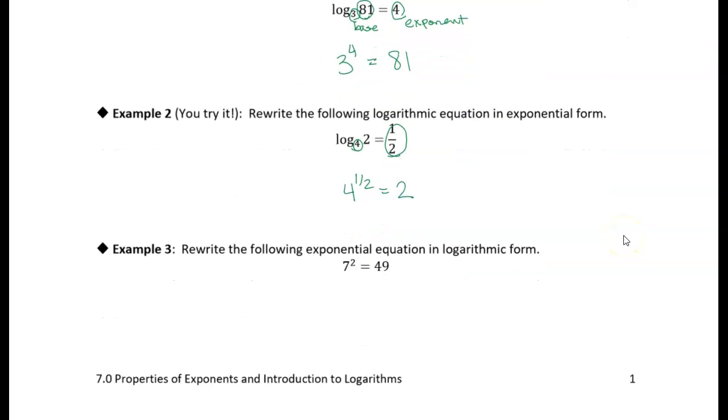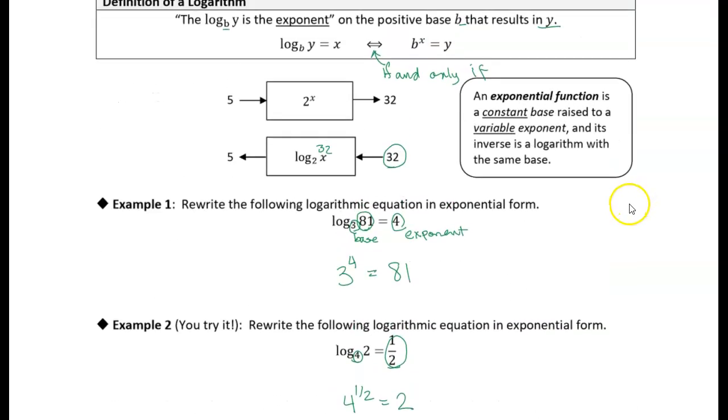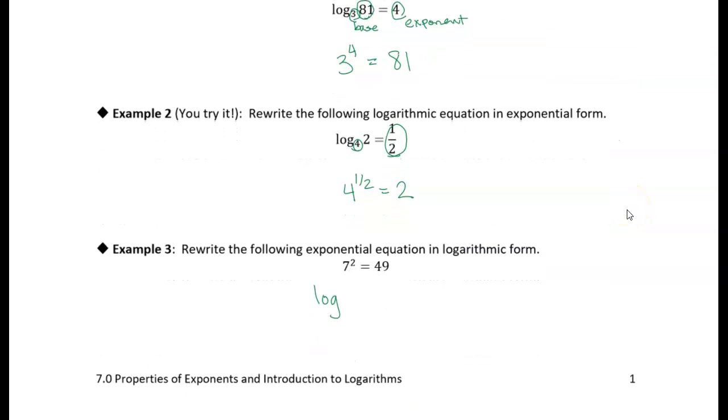Now, here we're given an exponential form, and we're asked to put it in logarithmic form. So we have the log. Now we need a base. The base is 7, and the result is 49, and that's equal to 2.